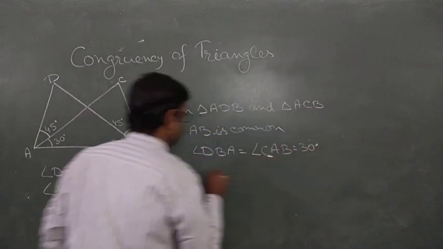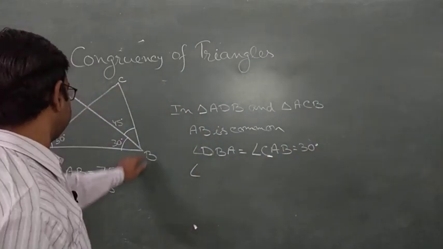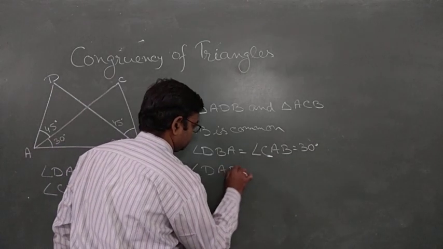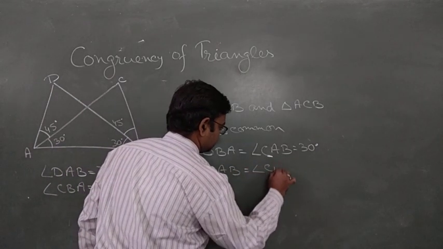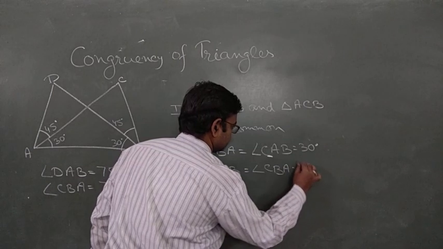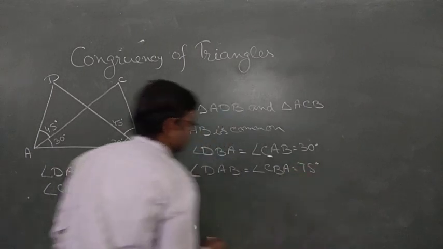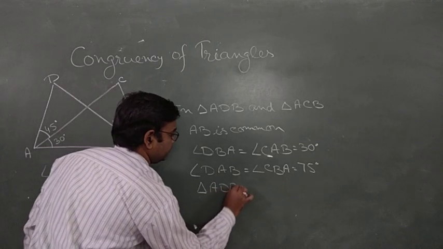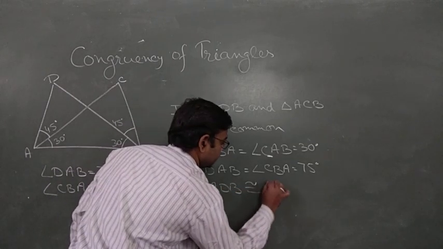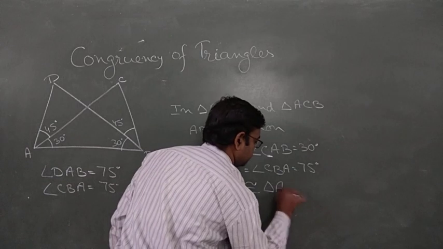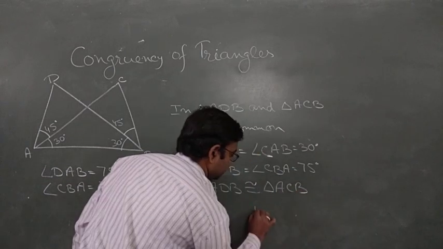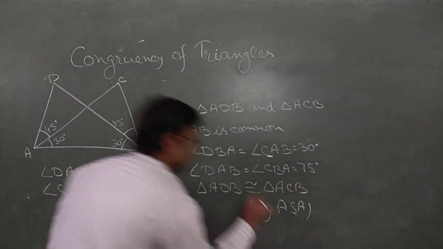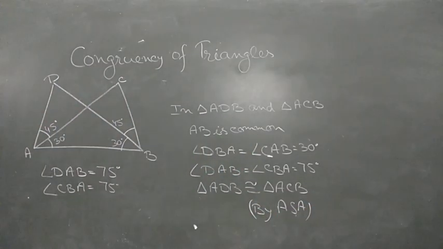It is given. Also angle CBA equals DAB. So we can say that triangle ADB is congruent to triangle ACB by the angle side angle property. So I hope this one is clear to you.